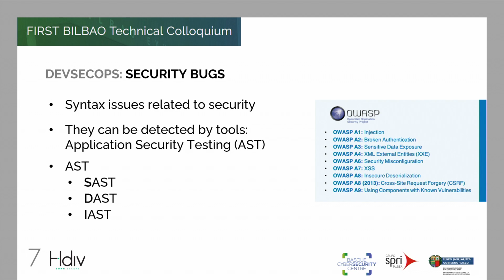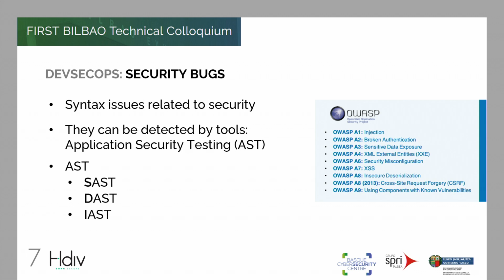As I said, starting with the security bugs, or syntax issues, fortunately we have tools that are able to detect these kinds of issues. As you know, there is a category within application security called application security testing, or AST. And within AST, we have three different approaches.